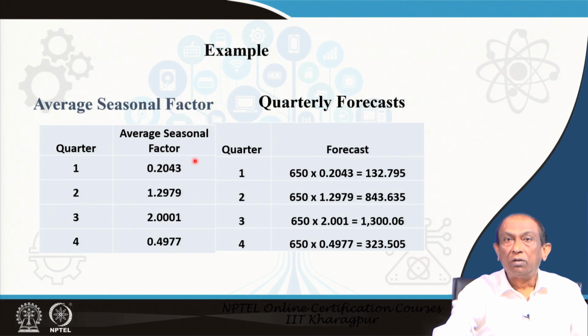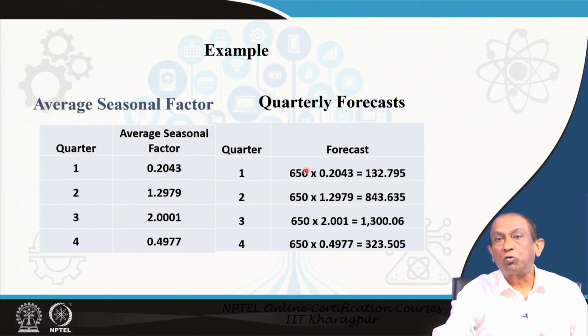Now, for the next planning horizon, that means for the 5th year, it has been given that they expect the total sales will be 2600 units. So, we divide it by 4 to find out the average level, that is 650 units.